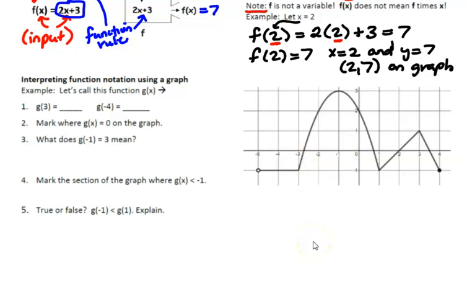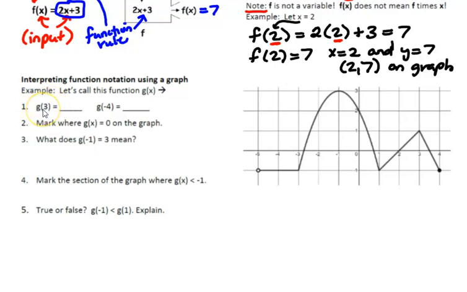But let's just look at it. It is a function because if we look at any x value on the graph, it only corresponds to one point on the graph, one y value. So it is a function. And we're going to use our function notation to evaluate certain things. So we see g of 3. When you see g of 3, remember what's in parentheses is the input value.